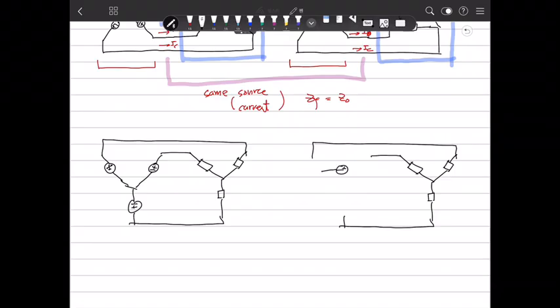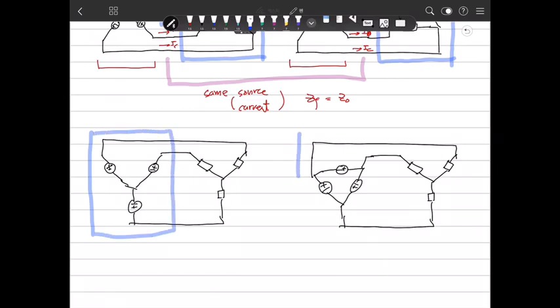Like in this manner. So this is a source and this is a source, but the load is the same.